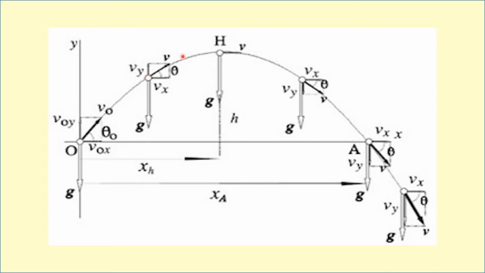So, upon reaching the maximum height, what happens to the vertical component of the velocity? It's already equal to 0. The instantaneous velocity along the y is now 0, but the horizontal component of the velocity is still constant. So it's wrong to say that when the body reaches the maximum height, the instantaneous velocity of the projectile is equal to 0.